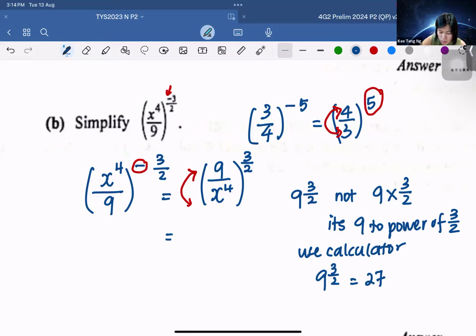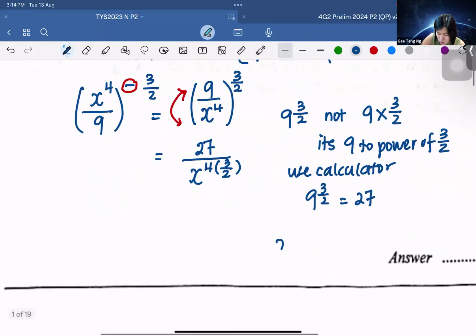So now I'm going to change this whole thing over here, 9 to the power of 3 over 2, to the number 27. Then I still have my denominator. What is this in the denominator? This will become x to the power of 4. When you have bracket, the power is the one that multiplies to each other.